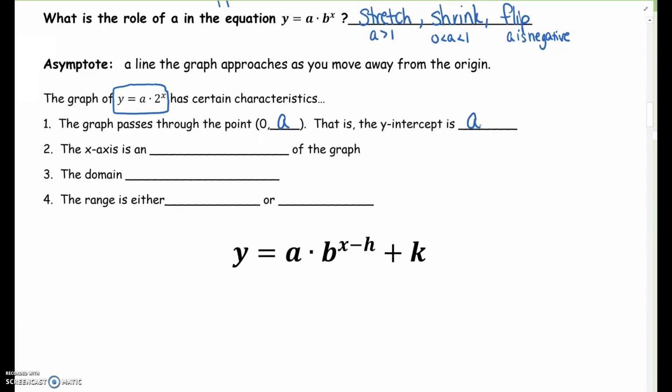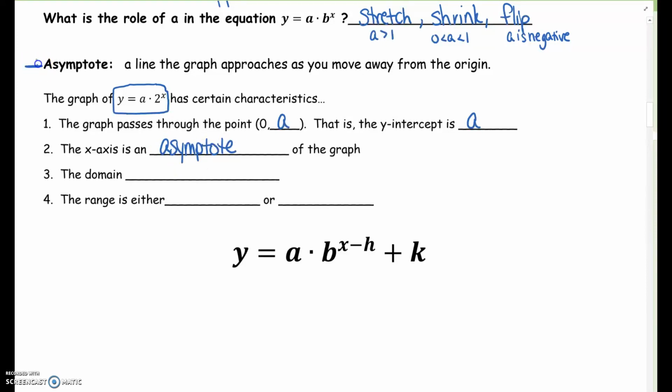This is incredibly helpful if I give you a graph and say which equation matches this graph. If the graph has a y-intercept of 3, you're looking for the equation that says 3 times something. So it's another way to pick out which graph matches. The x-axis is an asymptote.